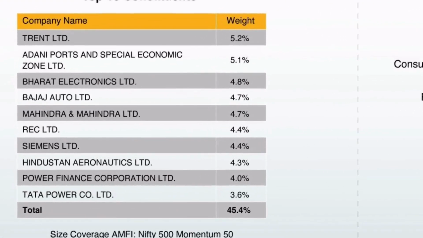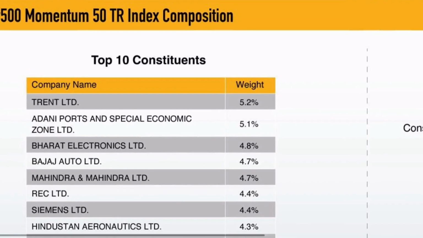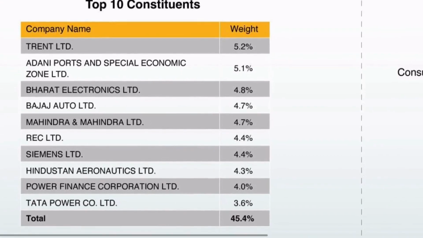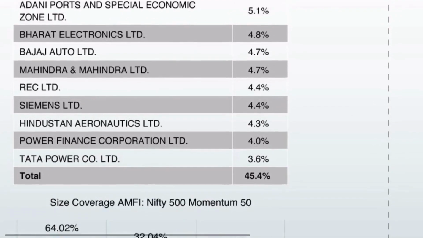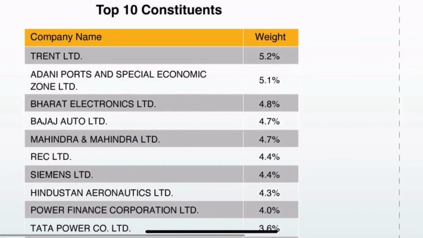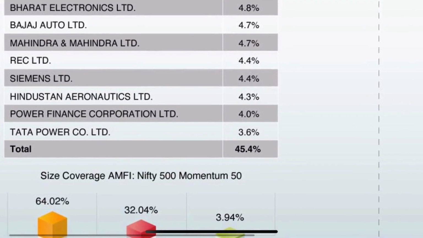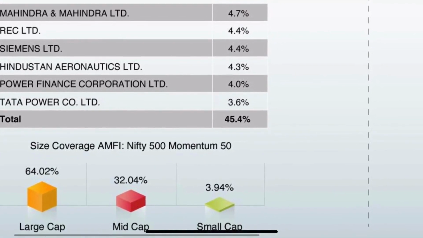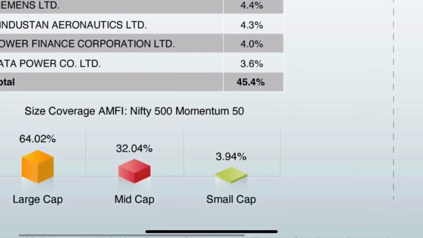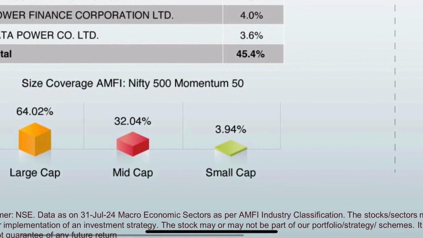Friends, now let us check the portfolio of Nifty 500 Momentum 50 Total Return Index. Top 10 stocks as on July 31st, 2024 are Trent, Adani, BEL, Bajaj Auto, Mahindra & Mahindra, REC, Siemens, Hindustan Aeronautics, Power Finance, PFC, Tata Power Company Limited.